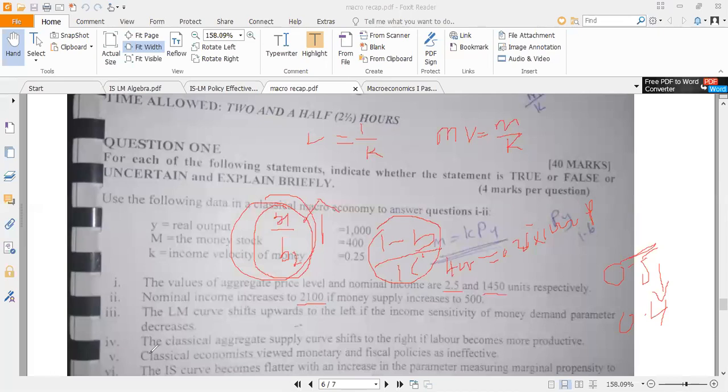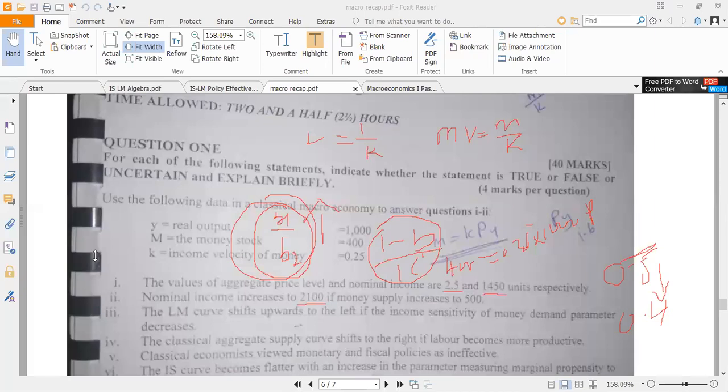If you look at the fourth statement, the supply curve shifts to the right if labor becomes more productive. When labor becomes more productive, there's an increase in the demand for labor. For B1 or C1 or C2, it depends on how they define the variables. At times they use C, at times they use B. They are the same.